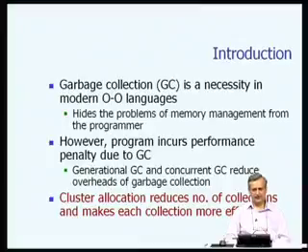Some objects live very long, some objects live a very short life. So, if they are arranged according to their life, then the younger generations, that is the generations which store younger or short lifetime objects, can be garbage collected frequently, whereas the older generations need not be garbage collected so frequently. So, this in turn reduces the overheads of garbage collection.